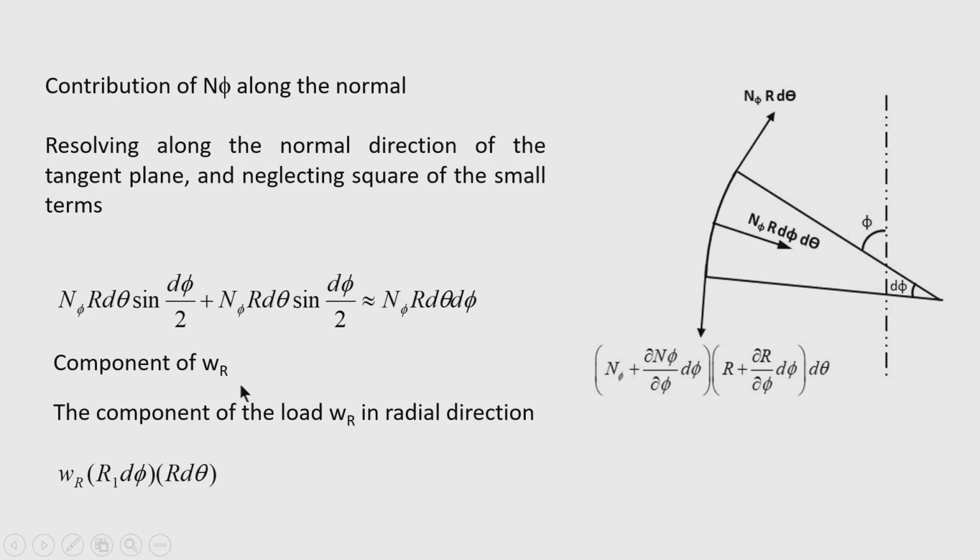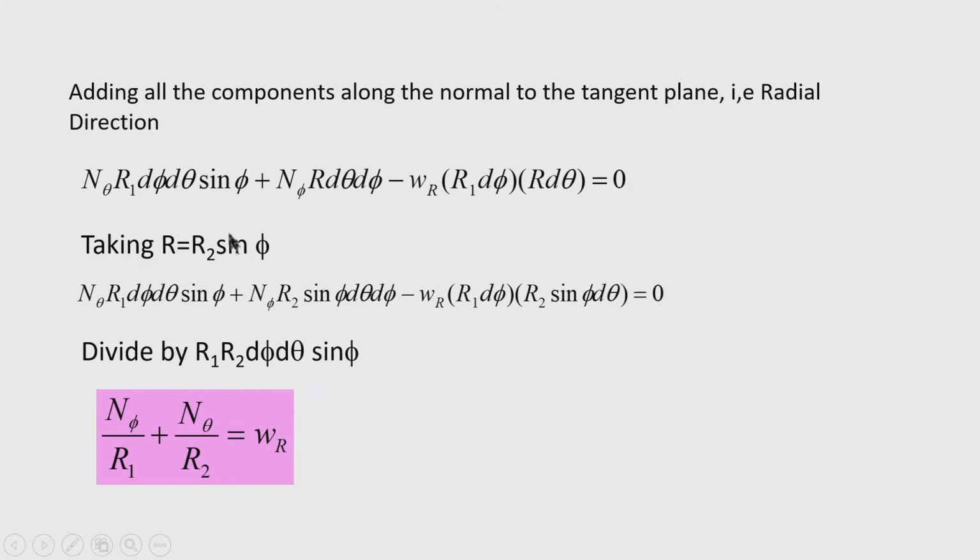Now, the component of W r along the radial direction will be, say the load is W r, then load multiplied by surface area, which is r 1 d phi into r d theta. So, this component we have got. Now, we form the equation of equilibrium. The equation of equilibrium is formed here: n theta r 1 d phi d theta sin phi, that is one component. Then another component of n phi towards the normal is n phi r d theta d phi. Then this is the radial component of the load.